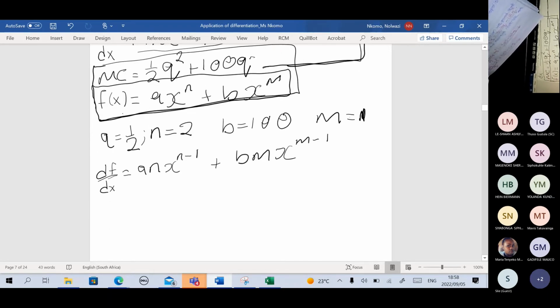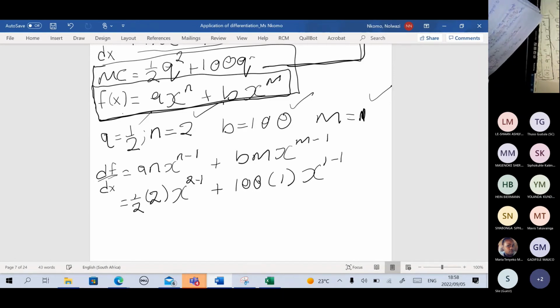So what we'll do here, because we said a is equal to half, we'll go back to this equation. Where we see a, we'll put half. Where we see n, we'll put 2. Where we see b, we'll put 100, and m, we put 1. So this means our derivative is 1 over 2 times 2 x to the power 2 minus 1 plus 100 times 1 x to the power 1 minus 1, right?